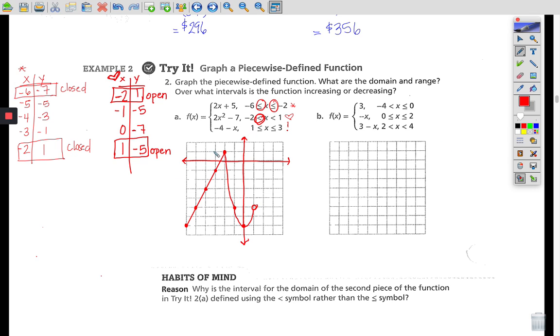Alright, and now our last equation. This one's represented by the exclamation point from 1 to 3. So just 1, 2, and 3. This is negative 5, negative 6, and negative 7. All I did was just plug it in myself. It says at 1, I should have a closed circle.